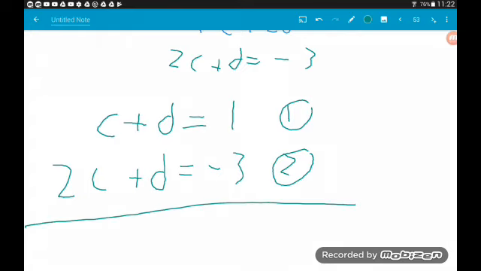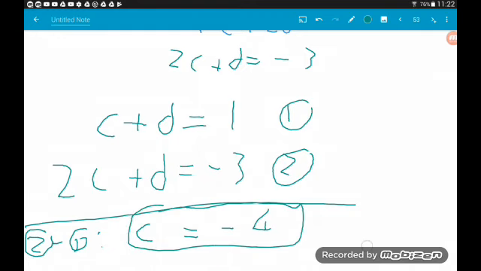So we can eliminate the d's. Let's do equation 2 take away 1. That's going to give us 2c minus 1c, so we're going to end up with 1c. D minus d is 0, minus 3 minus 1 is minus 4. So c is minus 4.